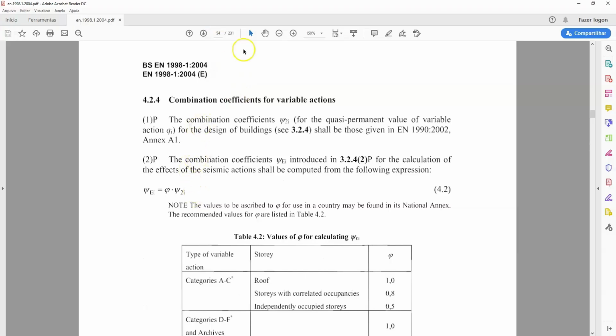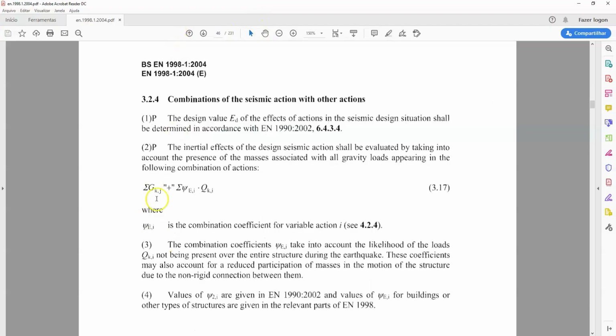When we create combinations to calculate the seismic action with masses, we use the typical expressions of permanent loads plus psi2 multiplied by live loads. This is an aspect we are very used to applying in seismic combinations. On the other hand, when we are going to determine the inertial forces and the masses that contribute to those inertial forces, we must consider a slightly different combination, with a psi EI that is affected by a phi factor, which we will see how it works.